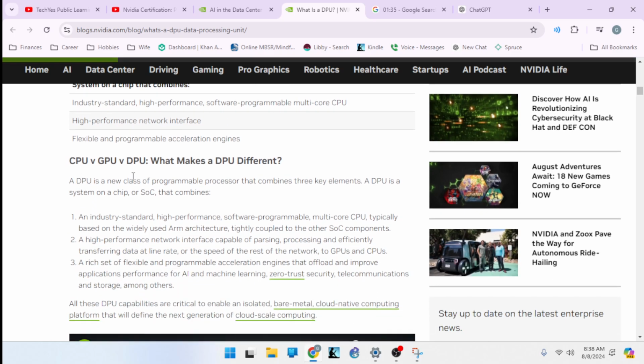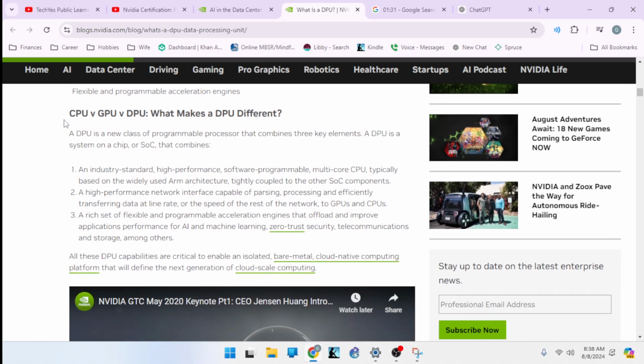CPU versus GPU versus DPU. What makes a DPU different? A DPU is a new class of programmable processor that combines 3 key elements. A DPU is a system on a chip, or SoC. Oh, that's interesting. A system. So it's a whole system on a chip, and it combines 3 components.